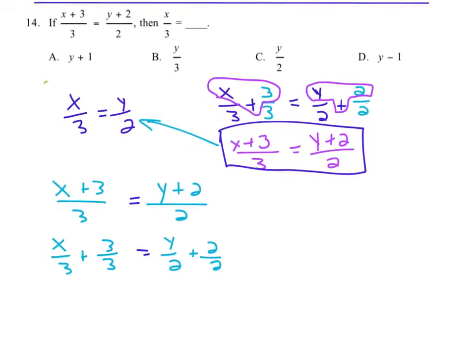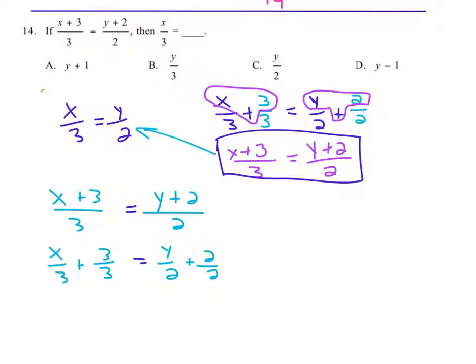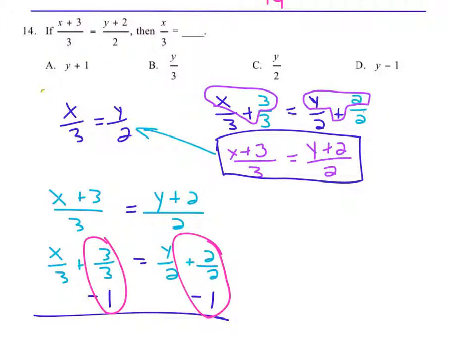And then a legal move in algebra is to subtract 1 from both sides. When you subtract 1 from both sides, that's essentially 3 over 3, or 1, minus 1, and 2 over 2, or 1, minus 1.